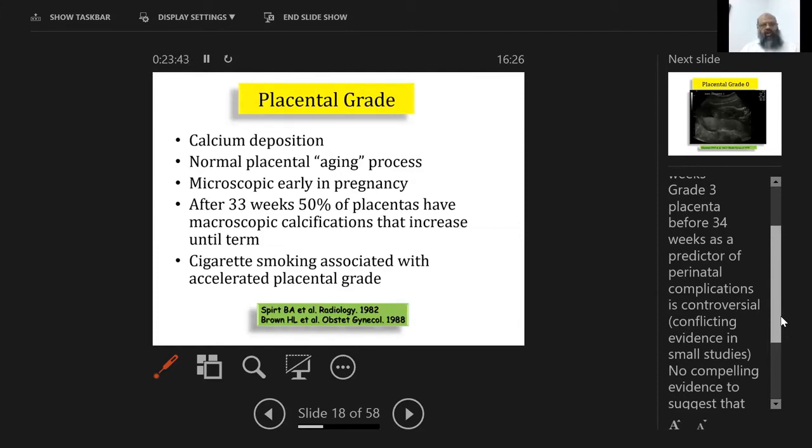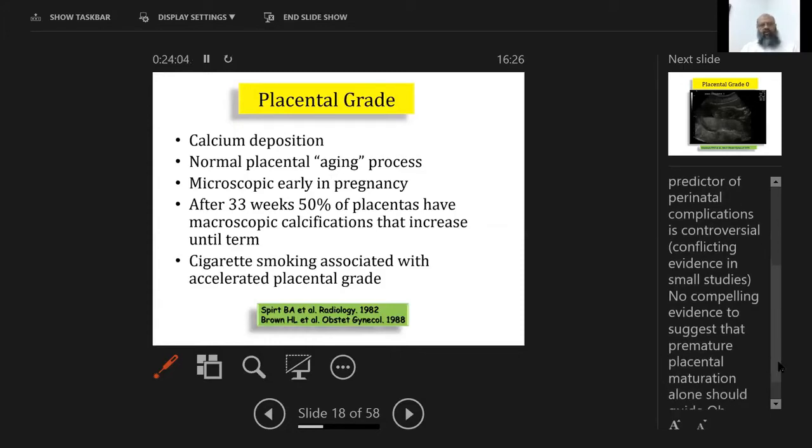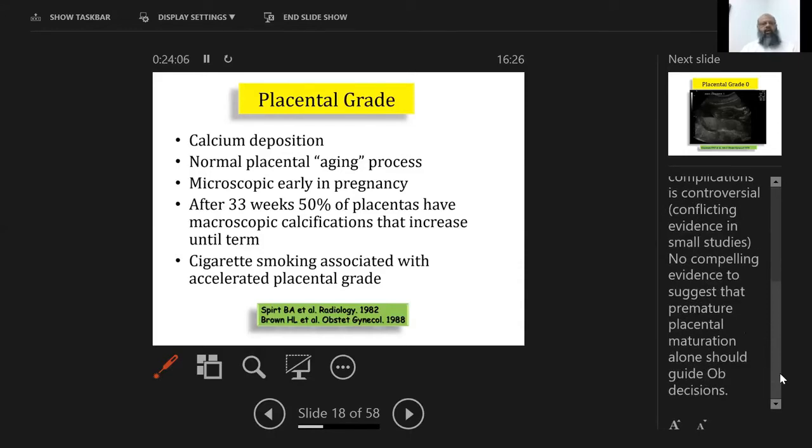So still we can say that once we get grade 3, even before 34 weeks, the chances of complications will be less, but we must be alert if we find it before 34 weeks. There is no compelling evidence to suggest that premature placental maturation alone should guide an obstetrician to decide.